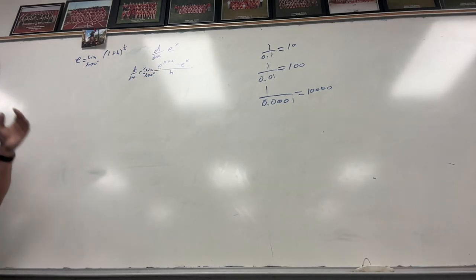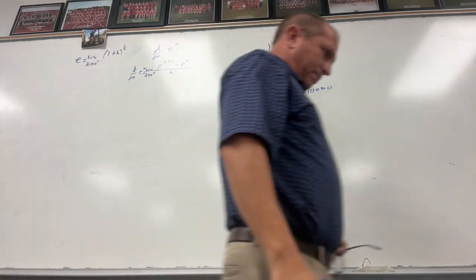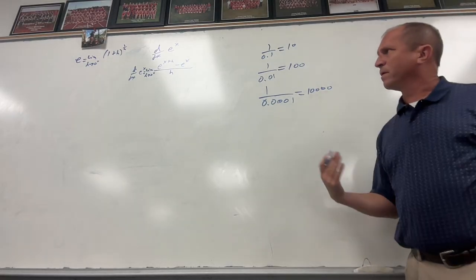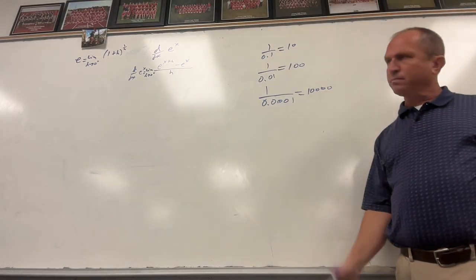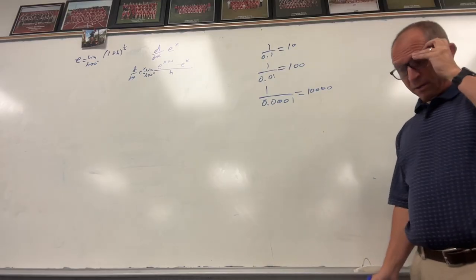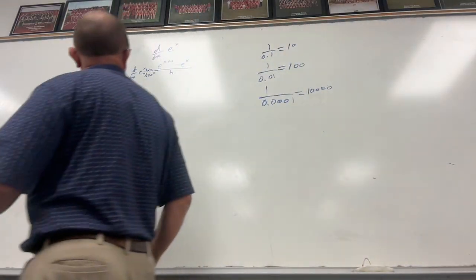Now, because of the nature of e, we're going to approach 0 from the right. Now, if you plug in 0 for h, you get 0 over 0. So that means that there is a good possibility that the limit does exist, and we will say it does.